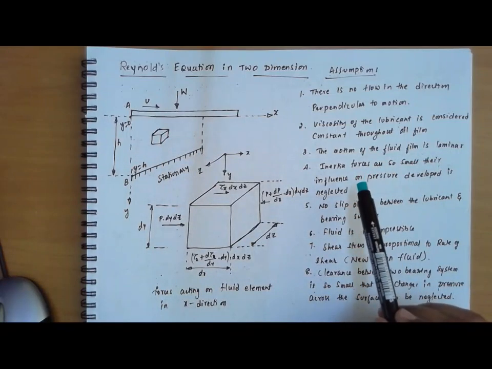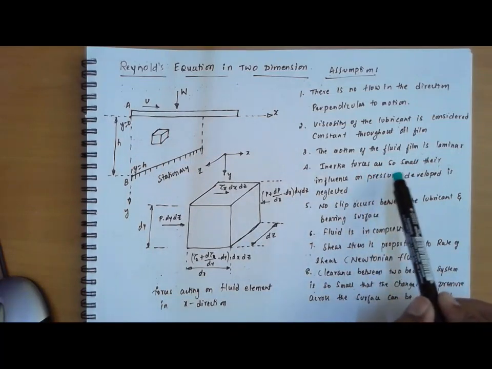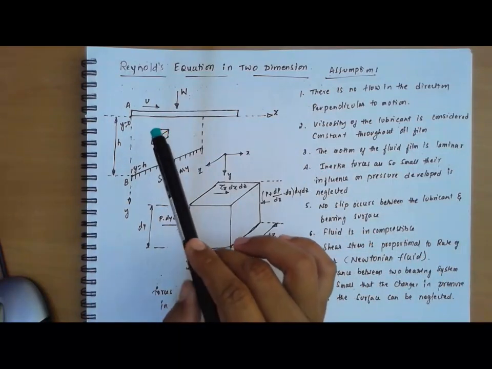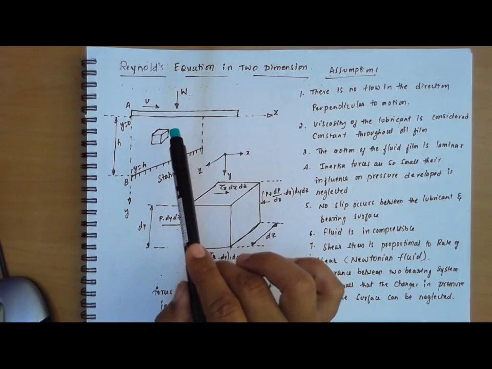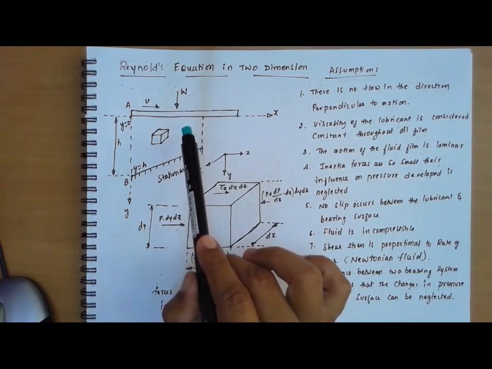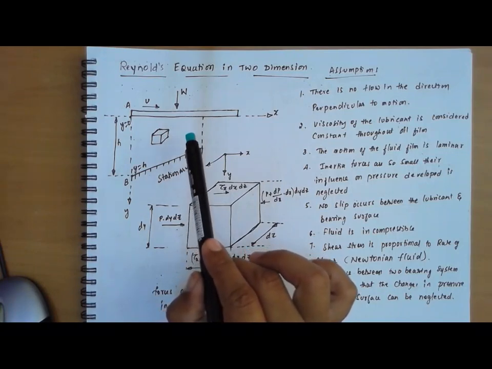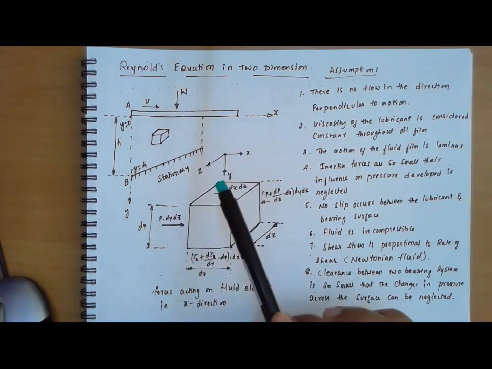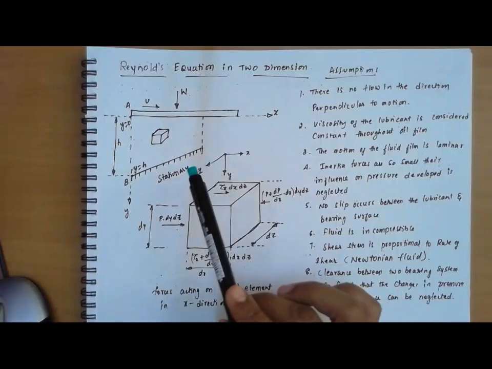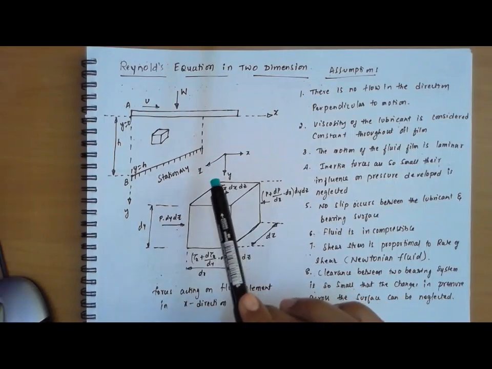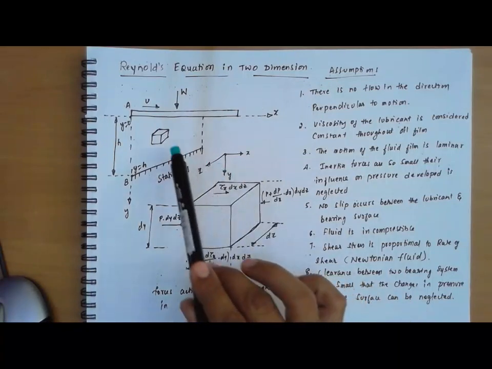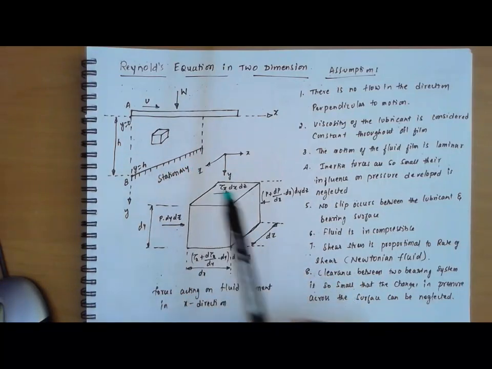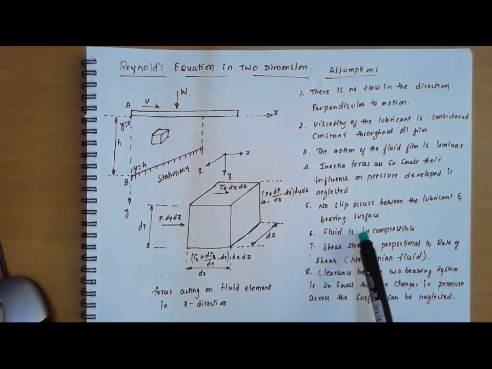The inertia forces in the oil film are usually so small that the influence on the pressure developed in the film may be neglected. That is assumption number 4. Assumption number 5 is that no slip occurs between the lubricant and the bearing surfaces; slip is neglected. Assumption number 6 is that the fluid is incompressible.